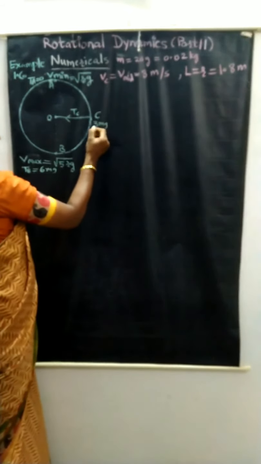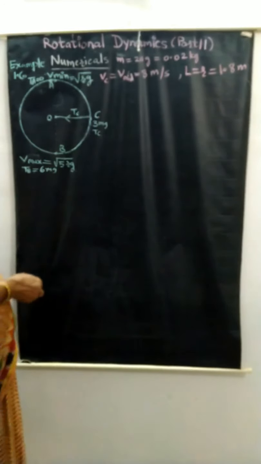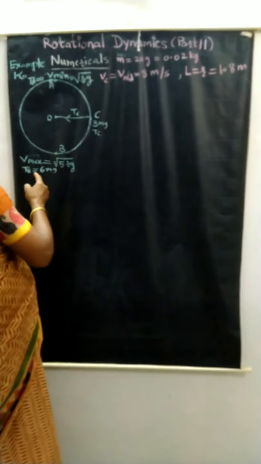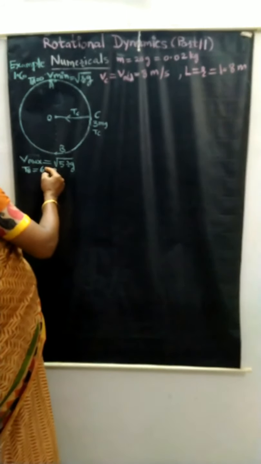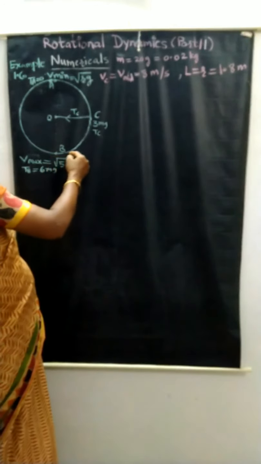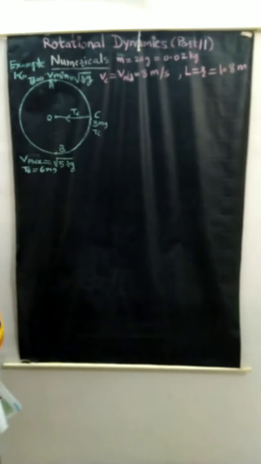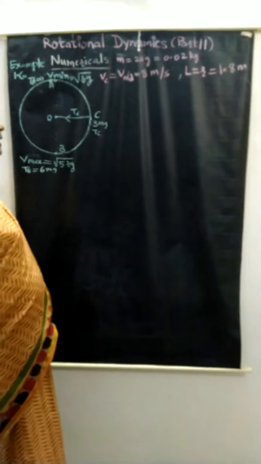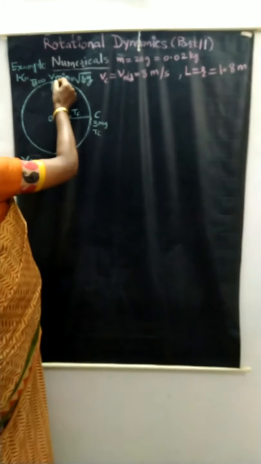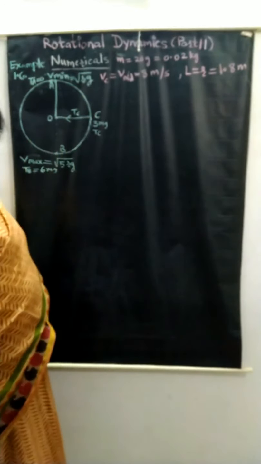TC is equal to 3 mg. That is, we are observing here that the tension goes on decreasing as we move from point B to point A. Means the tension will be mg somewhere in this quadrant.